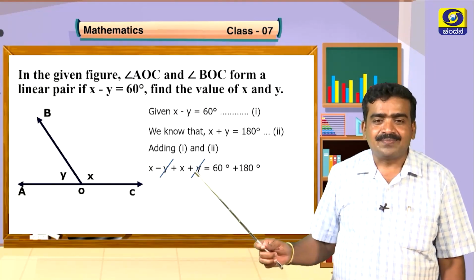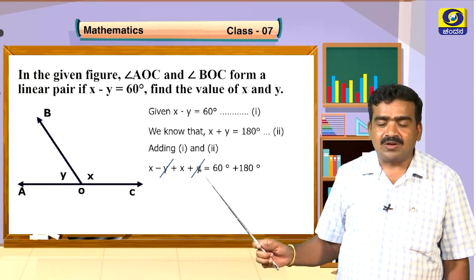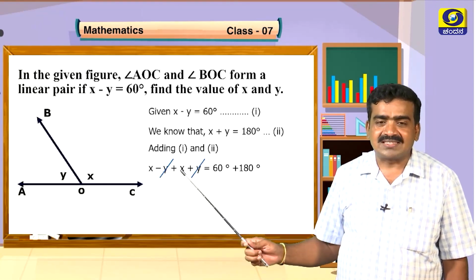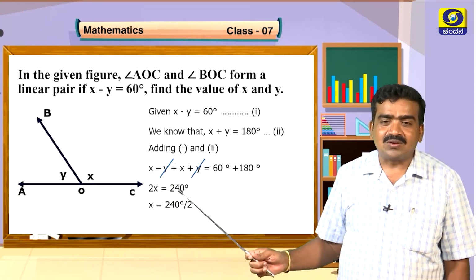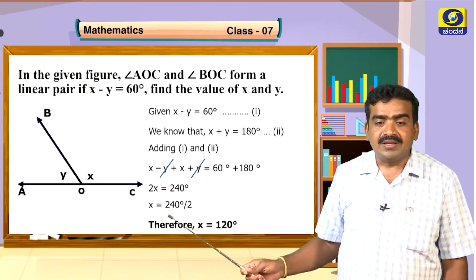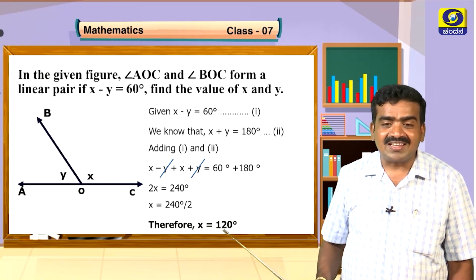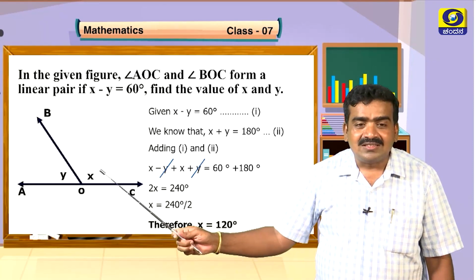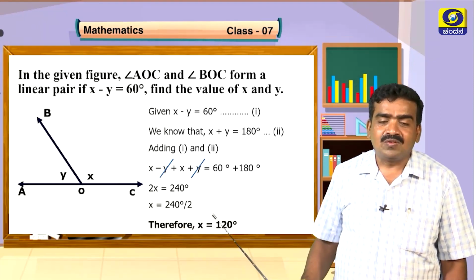Then minus y and plus y cancel each other. Then x plus x is 2x, 2x is equal to 240, therefore x is equal to 240 by 2, therefore the value of x is 120 degrees. It is an example of an obtuse angle. The value of x over here is 120 degrees.